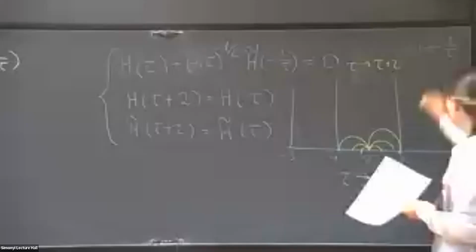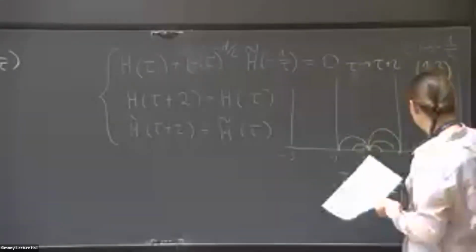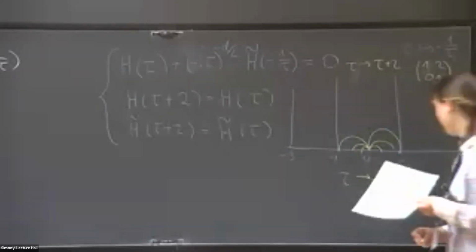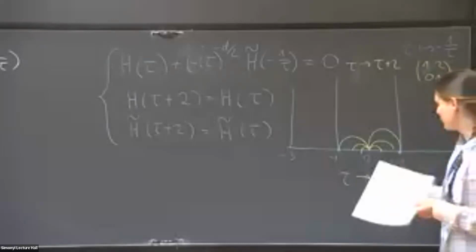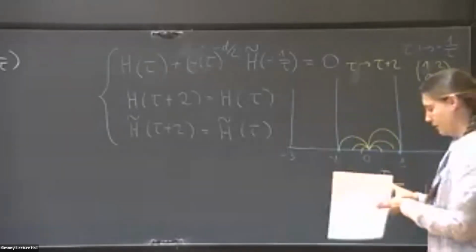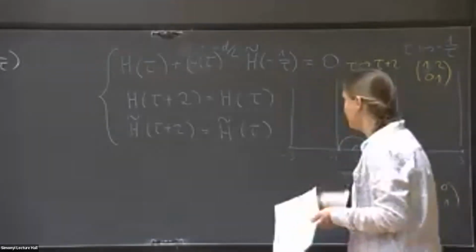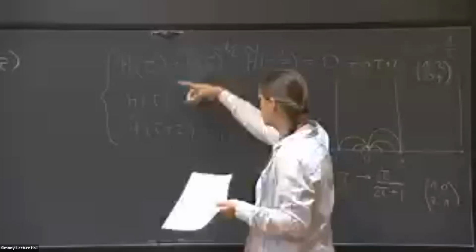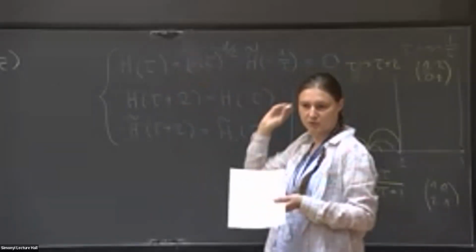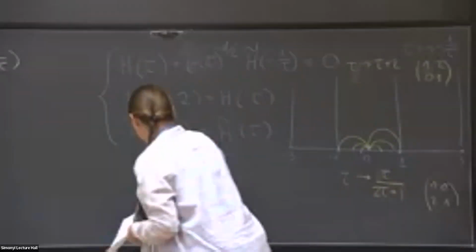So the action by this matrix and the linear fractional action by this matrix generate a discrete subgroup of SL2R. And this condition for H simply means that H is a modular form for the group gamma 2. So this group.